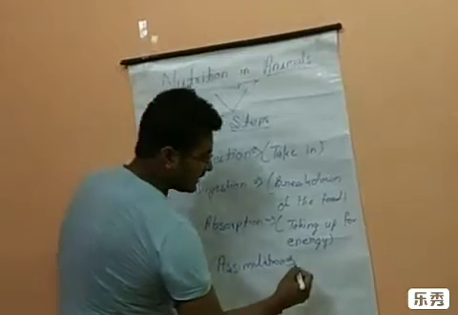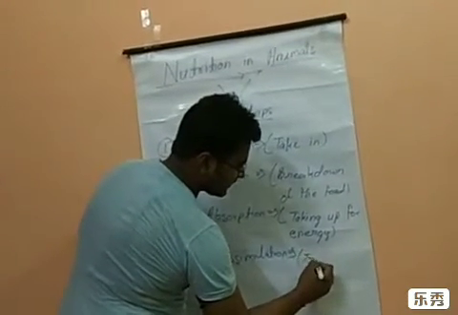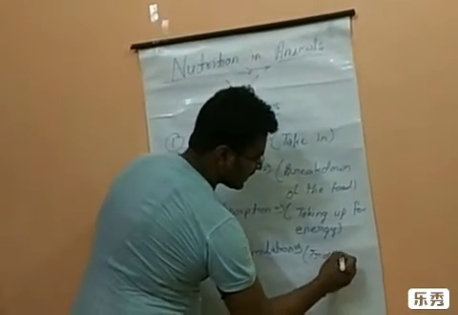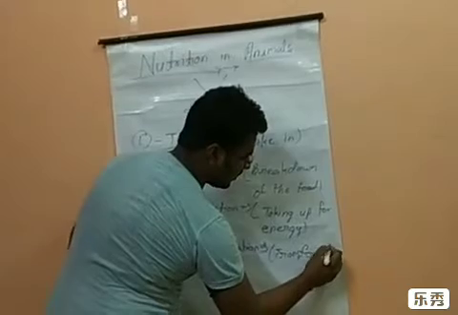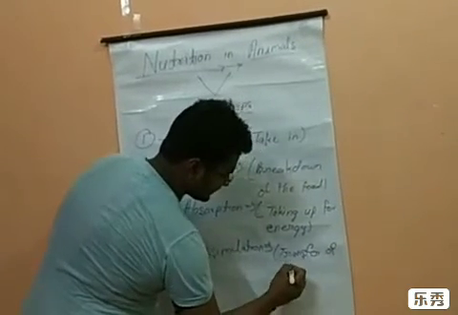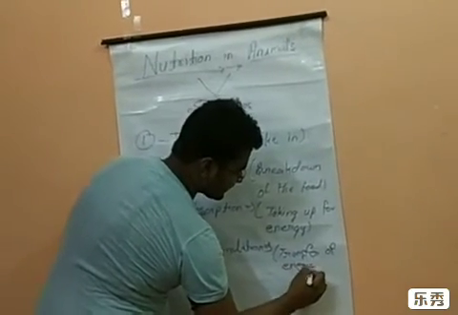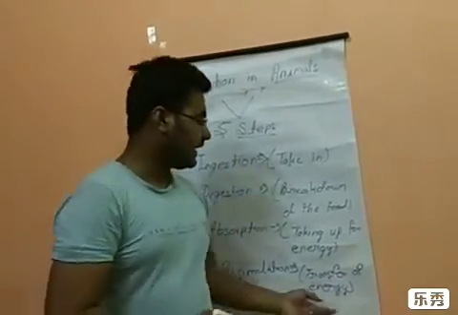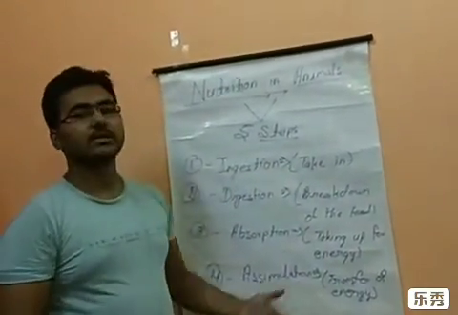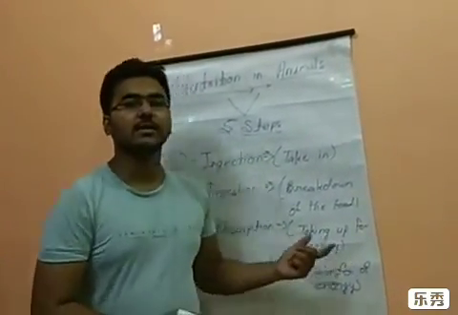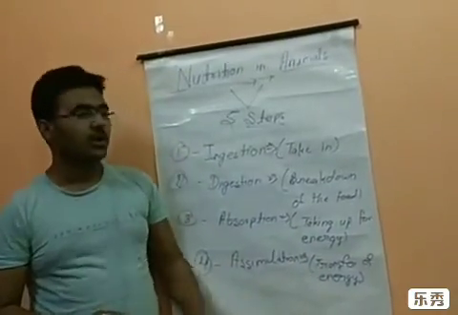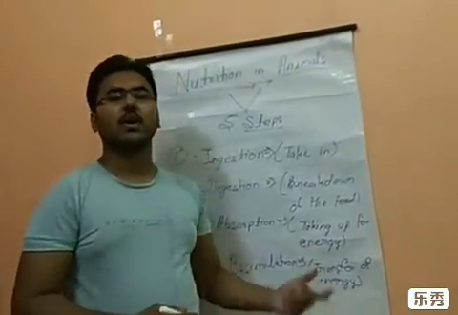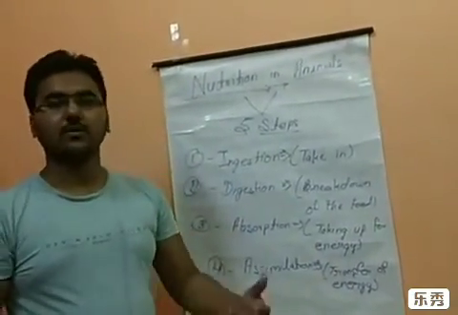So we can say, transfer of energy. Assimilation is the process in which the generated energy is transferred to all parts of the body for the proper functioning of each and every part.